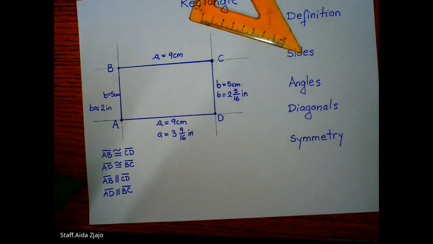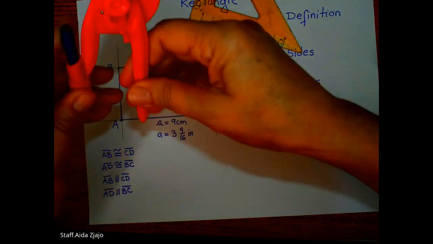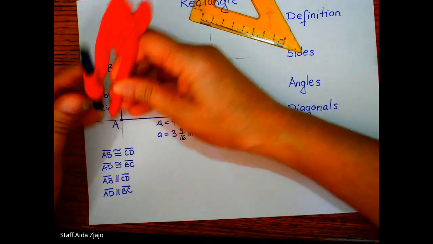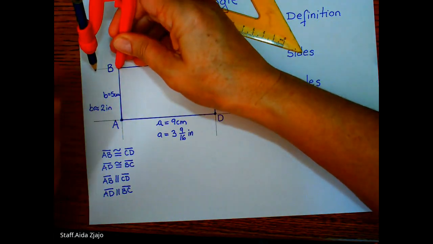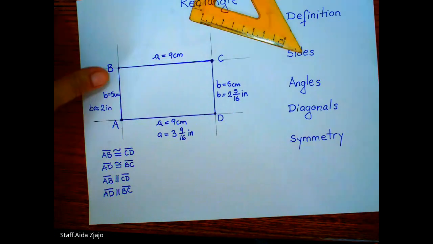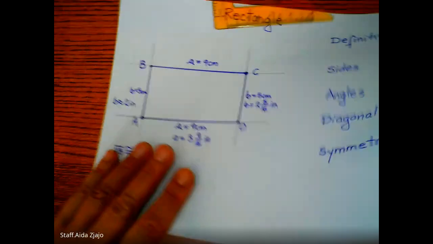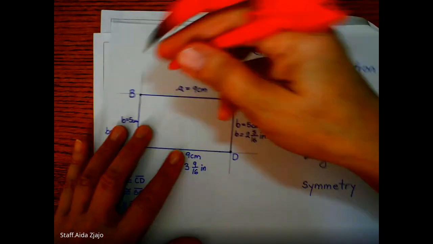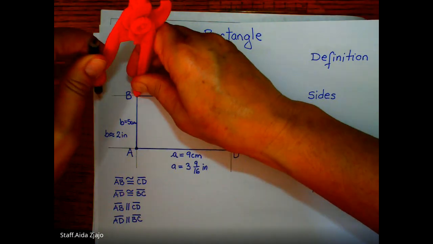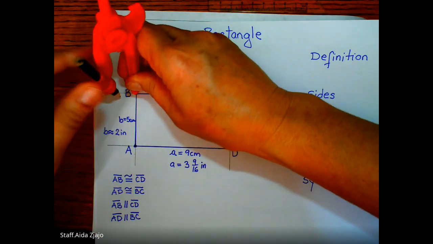We can show our students, by using a compass, that angles live in a circle. Let's use point B. If I put my compass on point B, I can draw the circle around it.